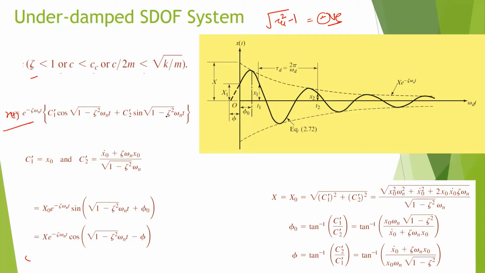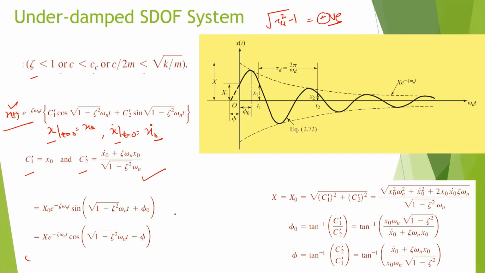Here C1 and C2 can be found using the initial conditions on displacement and velocity: at t equals 0, displacement is x naught, and velocity at t equals 0 is x naught dot. If we differentiate this equation, we get the velocity, and applying these two initial conditions on displacement and velocity, we get C1 dash and C2 dash in this form.